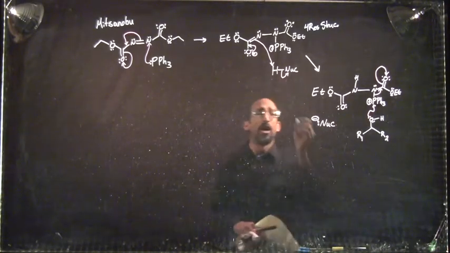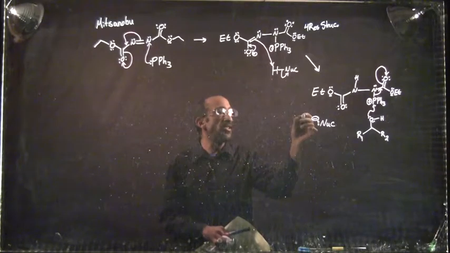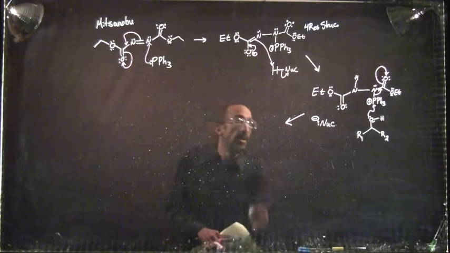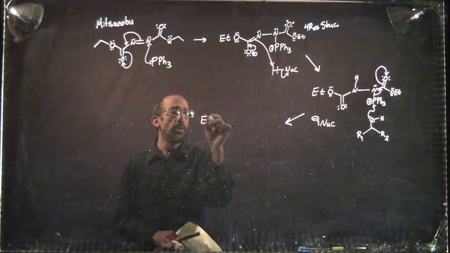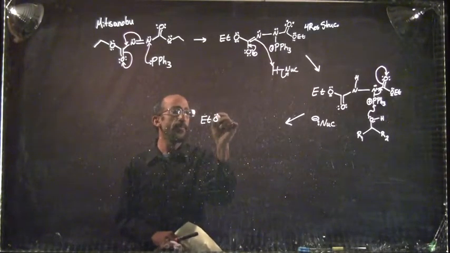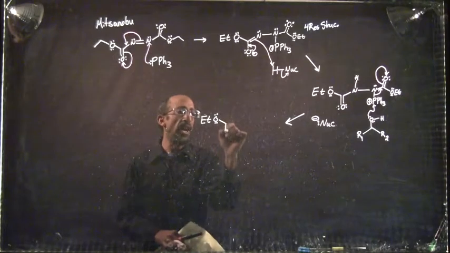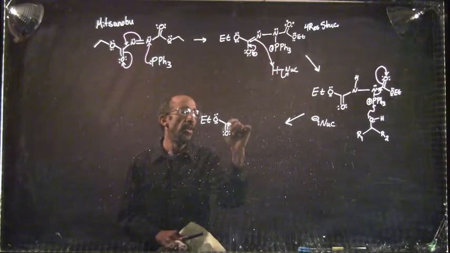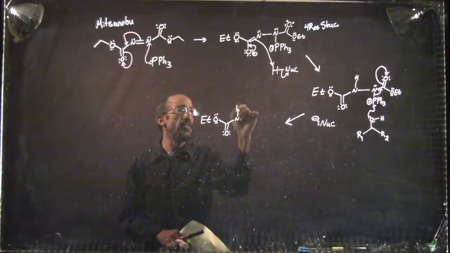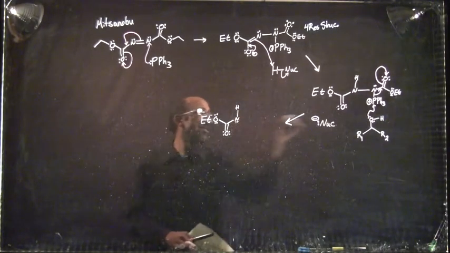Here now we can draw the products of our third step. If we follow those arrows, here's one ethyl group on DEAD, to the oxygen, to the carbonyl. Our nitrogen is still protonated and has a lone pair on it.